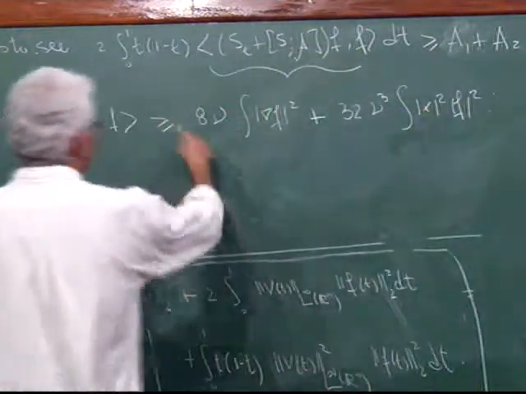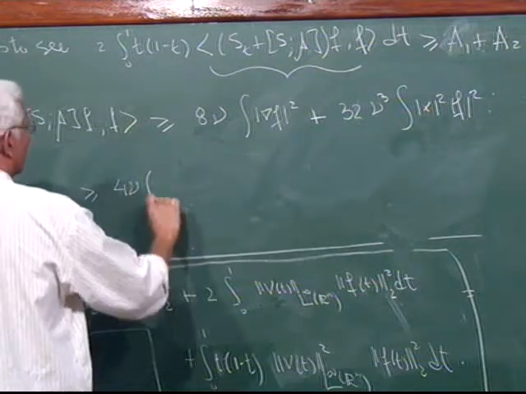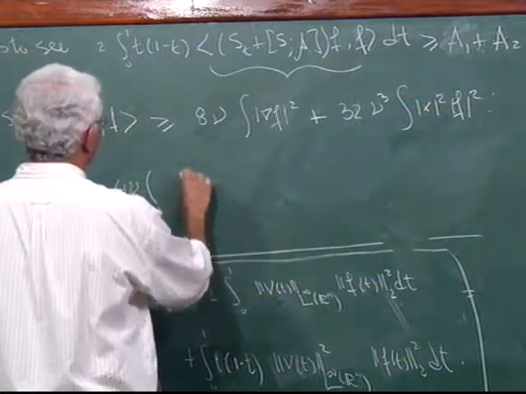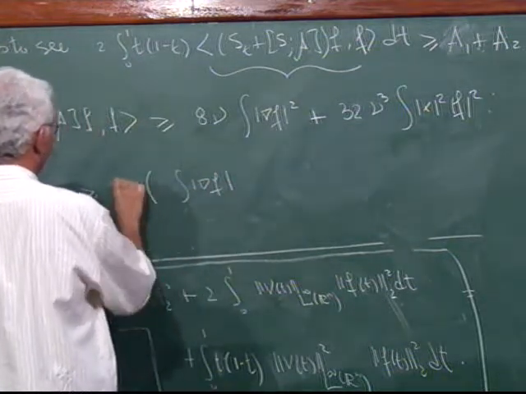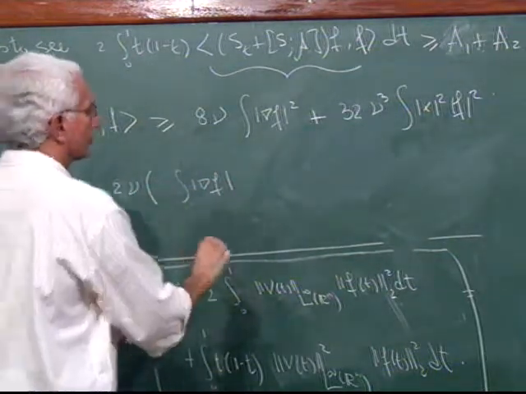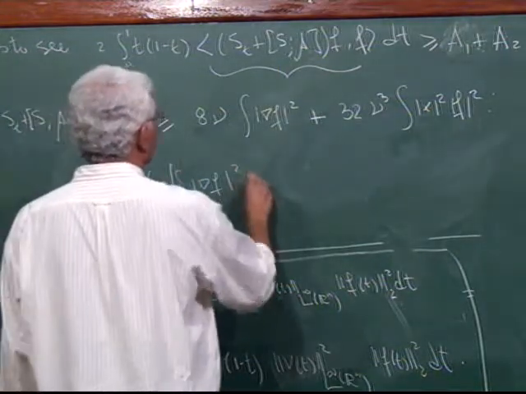Then you take 4 mu multiplied by this one, maybe 2 here. You put 2 a square.